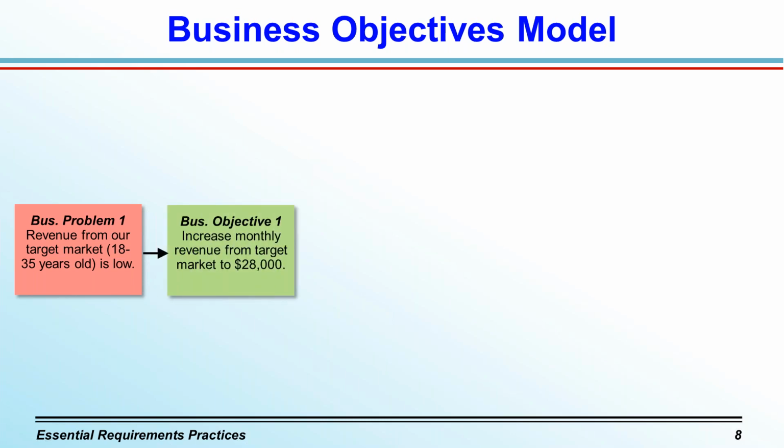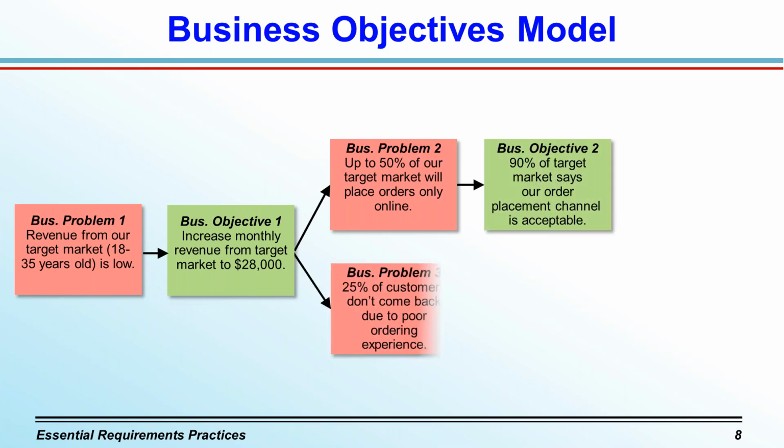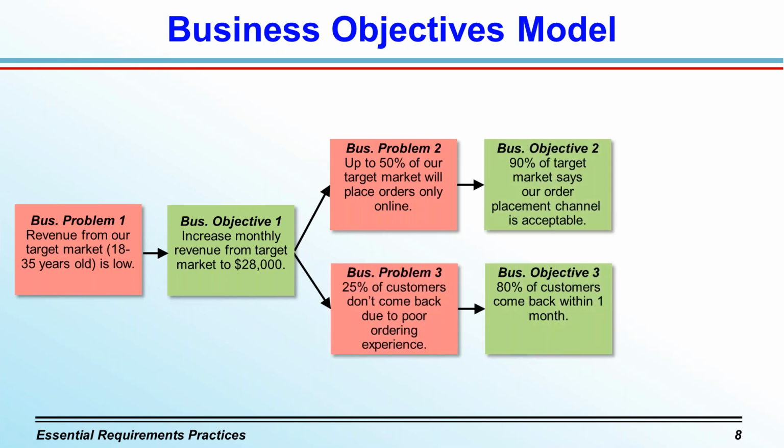We want to increase our monthly revenue from that key target market to a certain amount. And as we think through the restaurant's business situation, we uncover additional problems and their corresponding business objectives. And notice that all of these have numbers in them. They're quantitative, and that gives us something to measure rather than just saying improve or increase without being more precise.